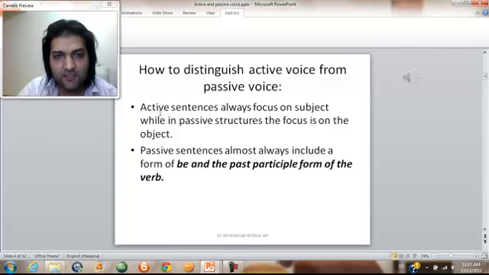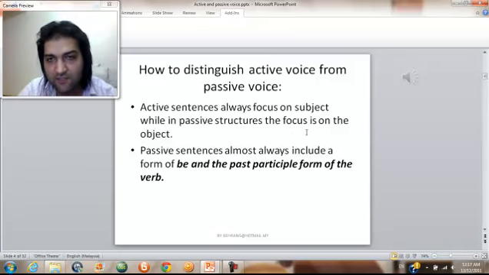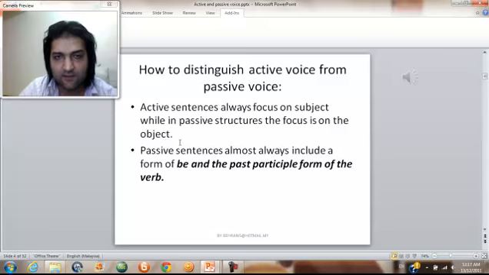Our first hint is that active sentences always focus on the subject, while in passive structures the focus is on the object. Passive sentences almost always include a form of be, like be, am, is, are, was, were, and the past participle, the third form of the verb.